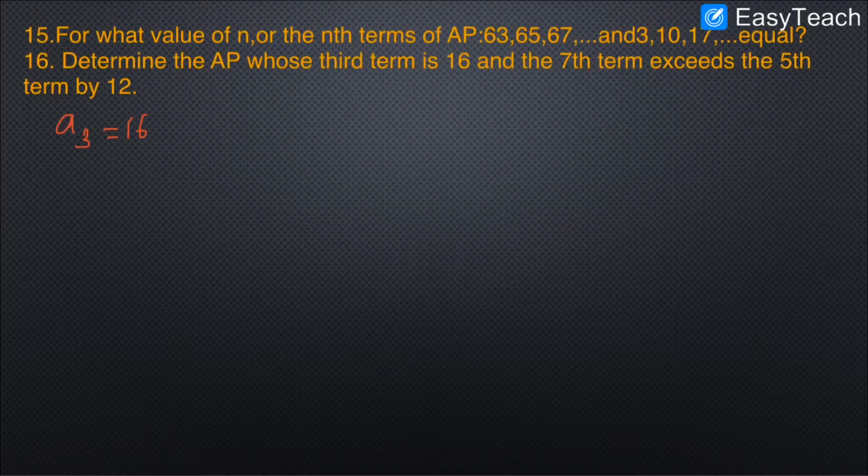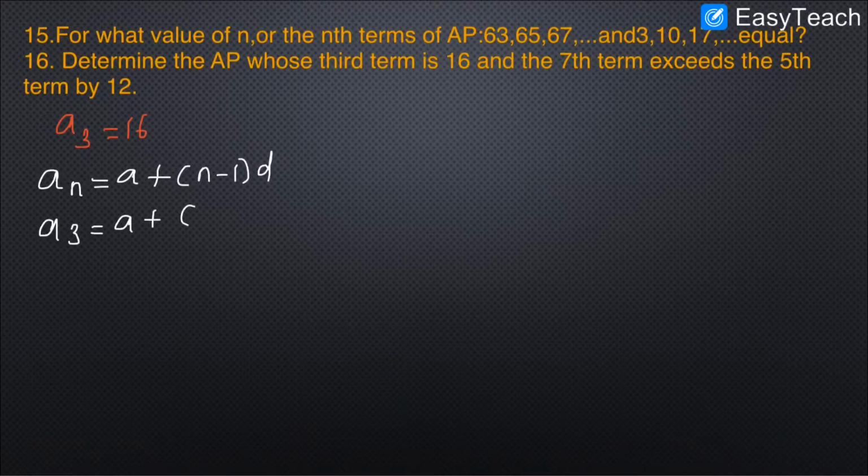Let's try to write the equation. An equals A plus (n minus 1) into D. So A3 equals A plus (3 minus 1) into D, so A plus 2D. We can substitute the value 16 for A3. So this is our first equation.